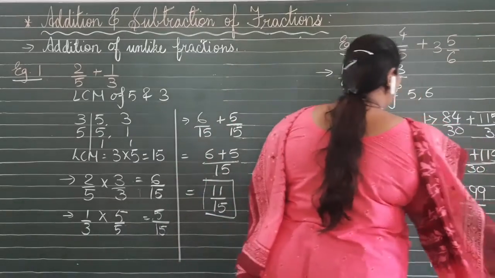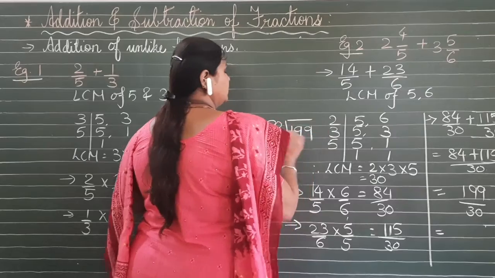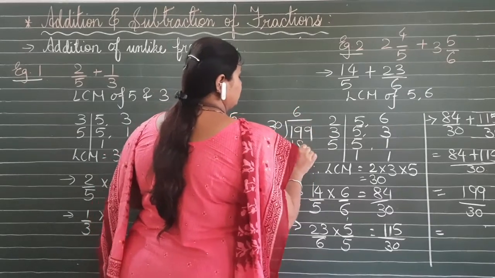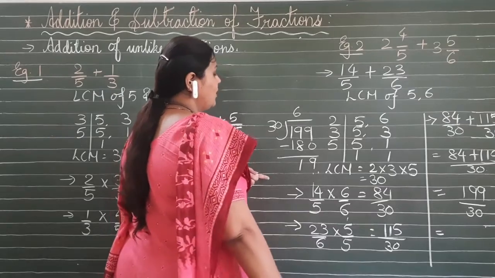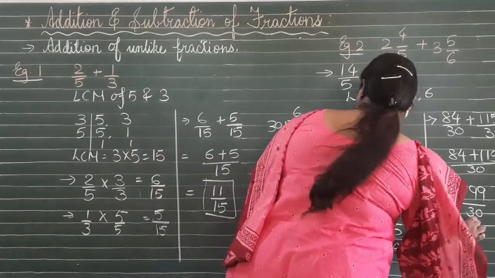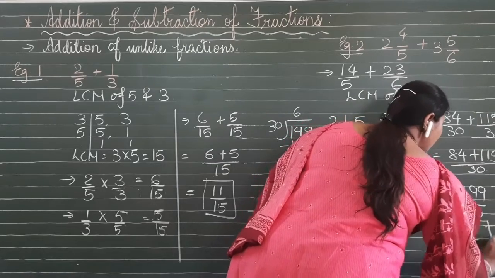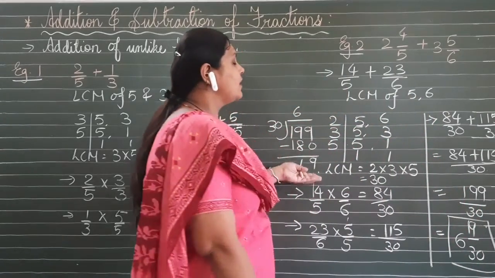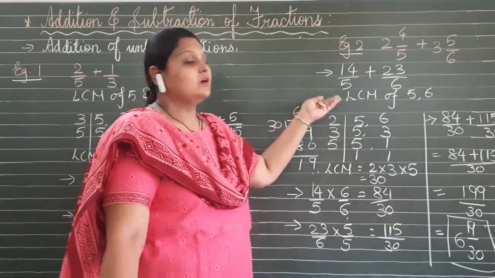So 30 divide 199. 6 integer 19 upon 30. This is our answer. So this is how we will add mixed fractions.